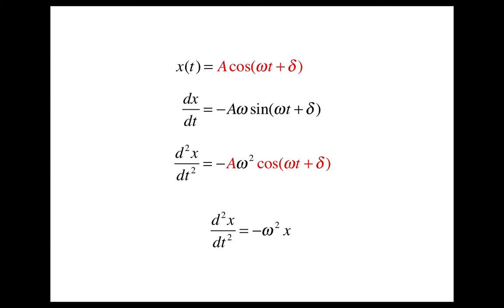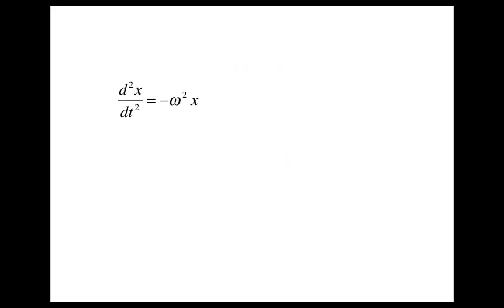Now this is a really important equation because if we have motion that's described by a sine or cosine function, then we'll find that this equation is true. And you can turn that around. If this equation is true of the motion, then we know it can be described by a sine or a cosine function. In other words, we have simple harmonic motion. So if we see this equation, we know we have simple harmonic motion.